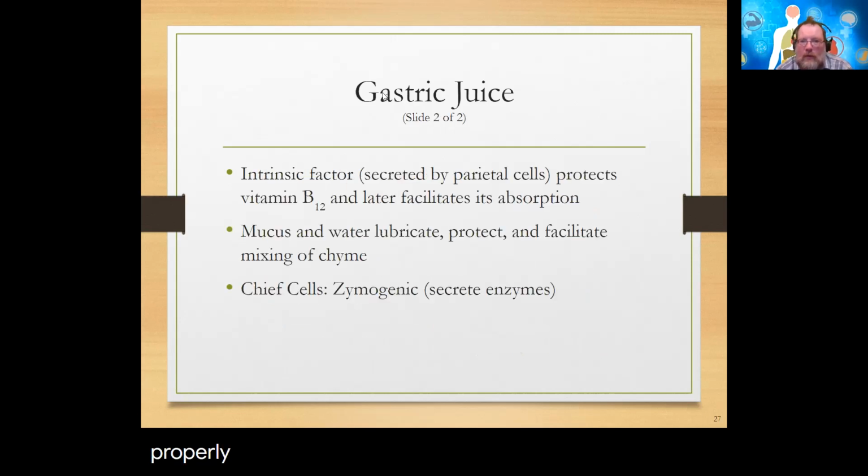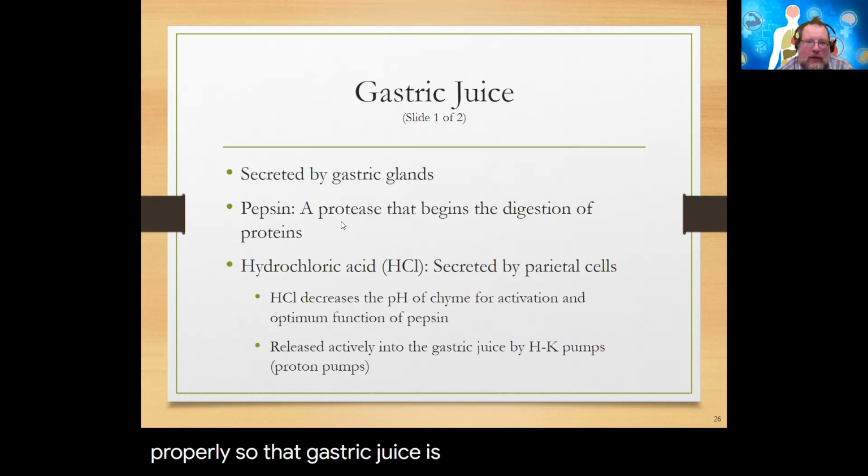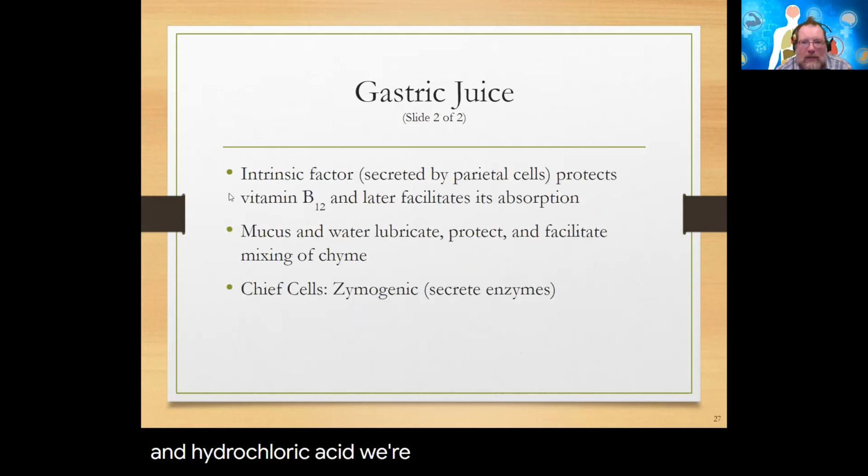Okay. So that gastric juice is primarily going to be pepsin and hydrochloric acid. We're going to see something else called intrinsic factor released by these parietal cells, and that's going to relate primarily to vitamin B12. So it's kind of like a key to help with B12 absorption in the small intestines.